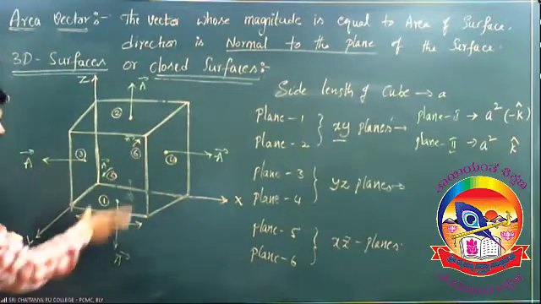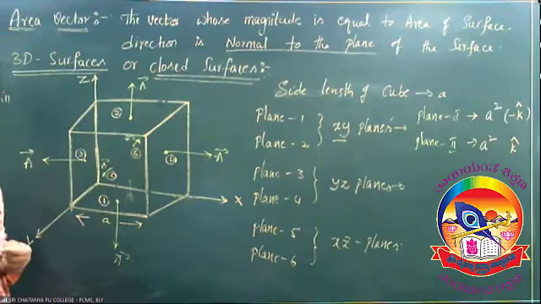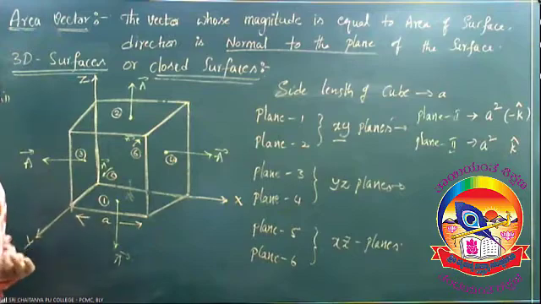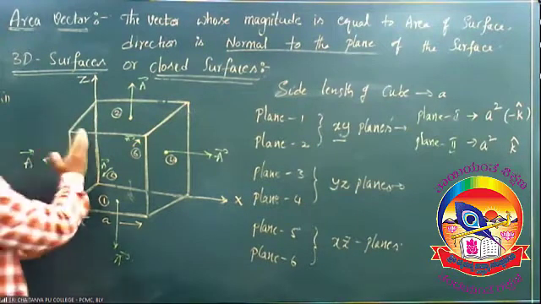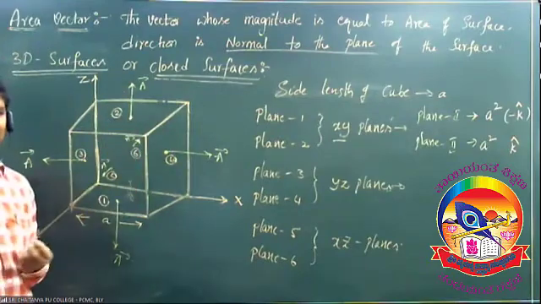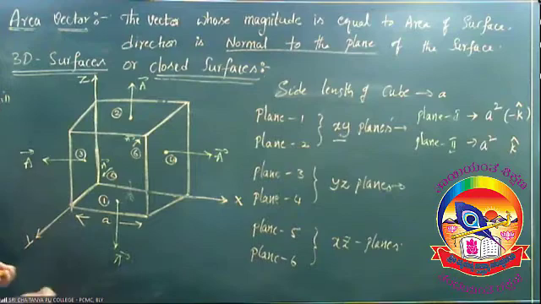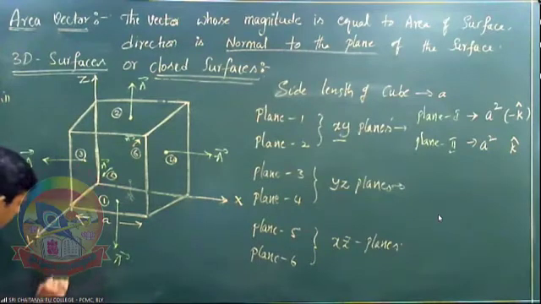Simply to say, for a closed surface, area vector is outward normal. For any plane on the surface, area vector is outward normal, right? For any closed surface. Very important point.